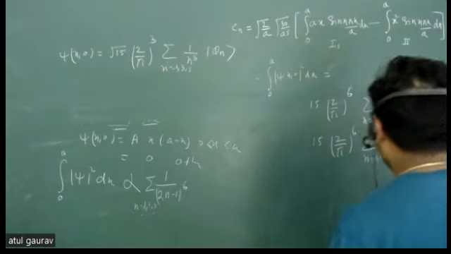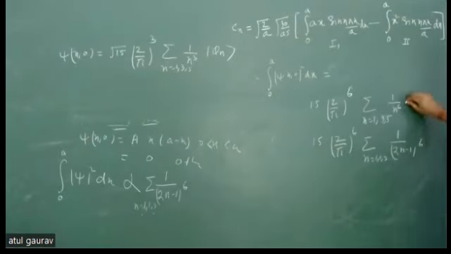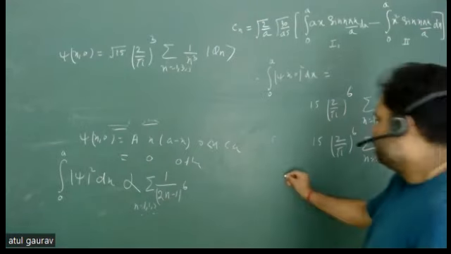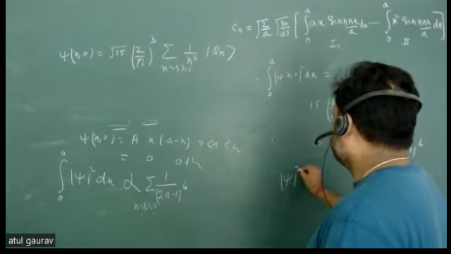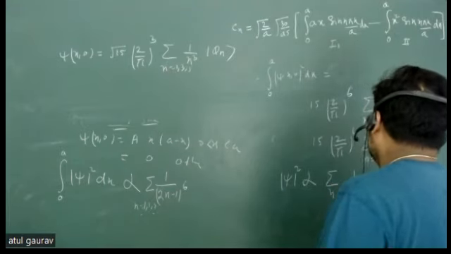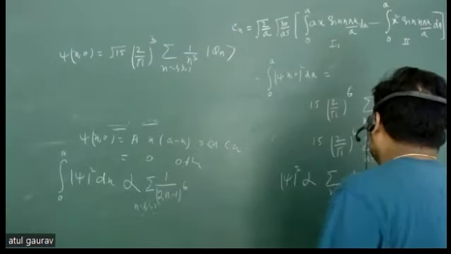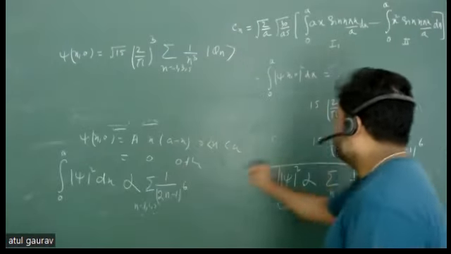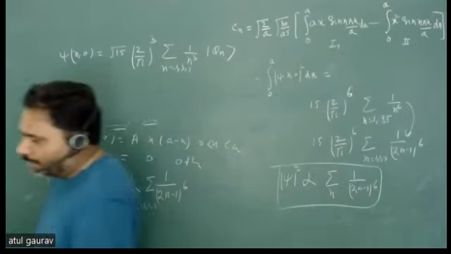We can write it like this, right? Here we can easily see that mod psi square is proportional to summation over n of 1 upon (2n minus 1) to the power 6. So this was the question in this year's examination.